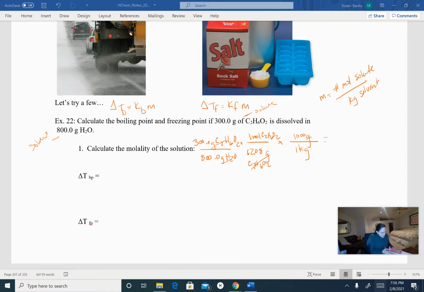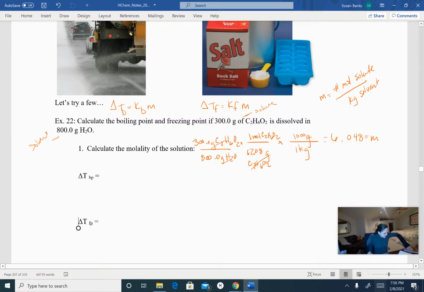So 300 divided by 800 divided by 62 times 1,000. So that gives me, let's see, I've got 4 sig figs, right? So 6.048 is my molality.